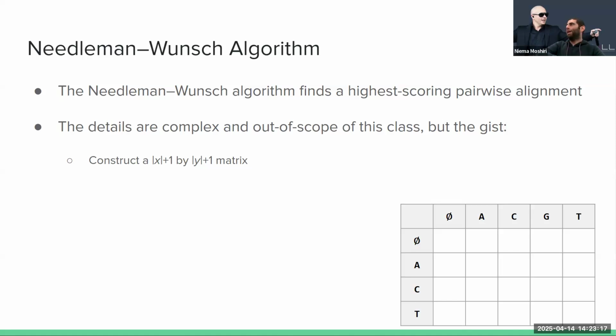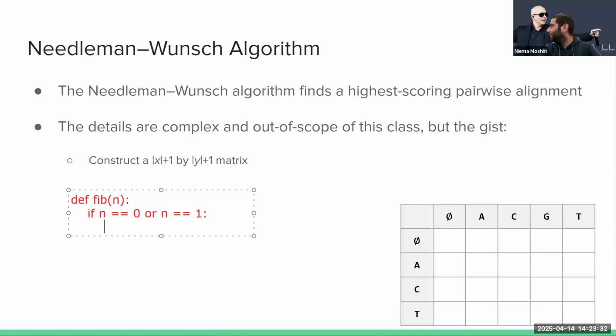Similar to if you've ever done Fibonacci, you usually wouldn't do something like: if n equals 0 or n equals 1, return n, else return fib(n minus 1) plus fib(n minus 2).